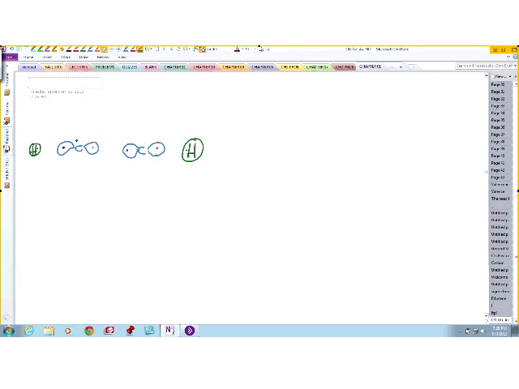We're almost there. We have the p orbital here, p orbital here, p orbital here, p orbital here. The same thing here. One electron each. Now, what is going to happen? They form the covalent bond.